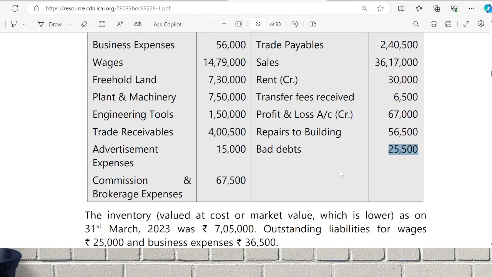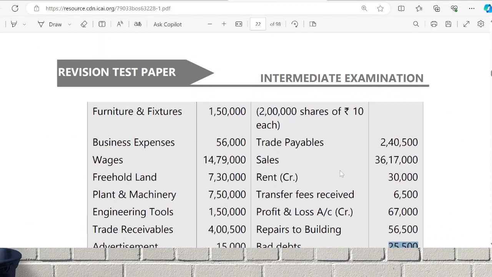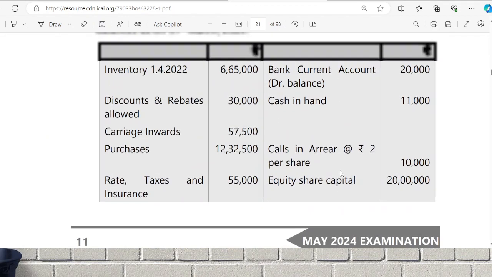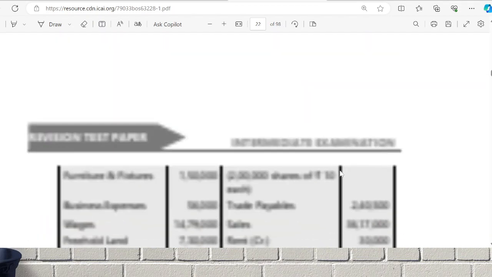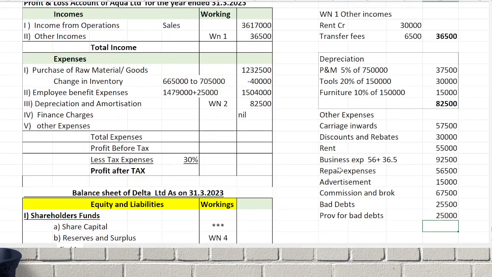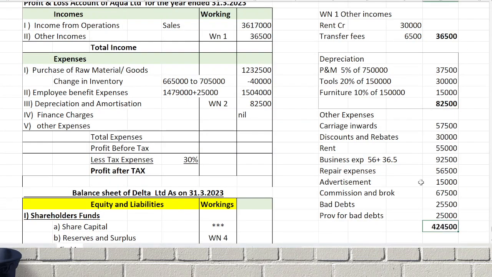Any other thing? Check for any other thing. Director's fees, audit fees, loss on sale of assets, any other thing? No. Take it up and prepare the P&L account.